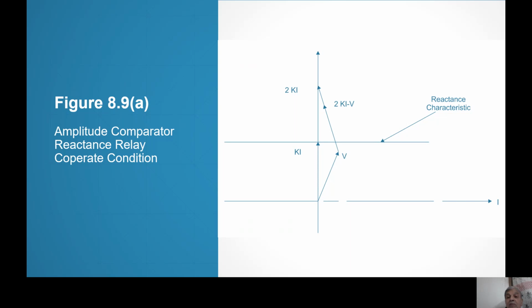So the remnant is 2Ki minus V. If you complete the triangle, V is there, 2Ki is there, so the third side is 2Ki minus V. Direction is shown, but we are not interested in direction because the amplitude comparator relay does not see the direction. It sees the magnitude only. Magnitude of 2Ki minus V is more than V. You can see it is more than V. And therefore, relay will operate, and relay must operate.